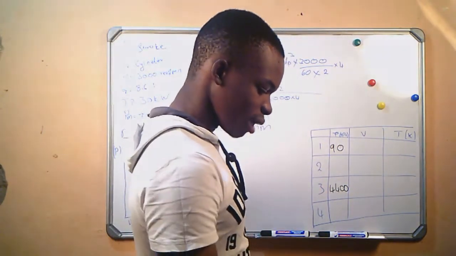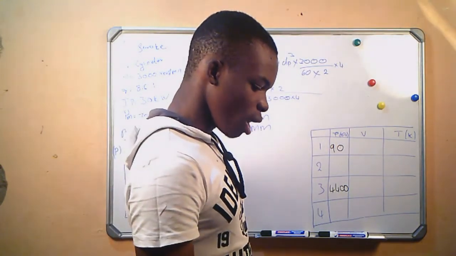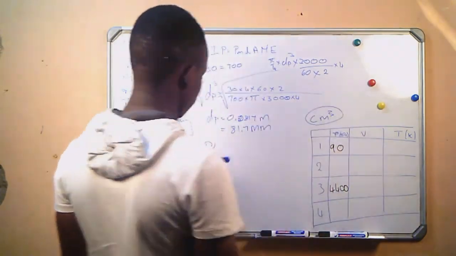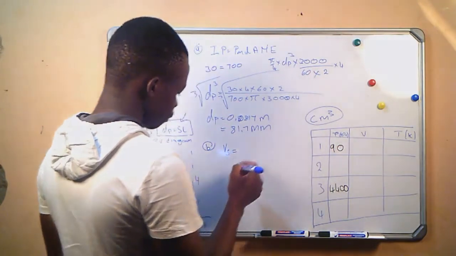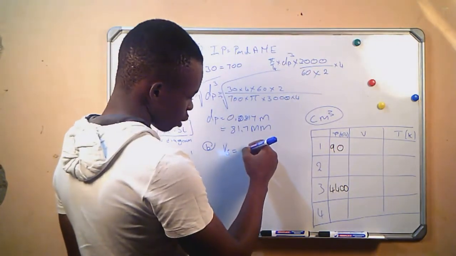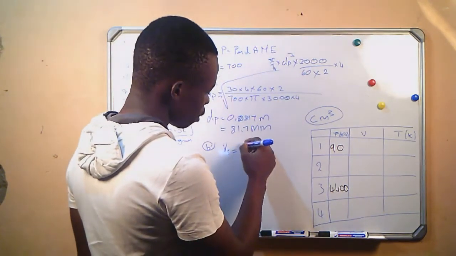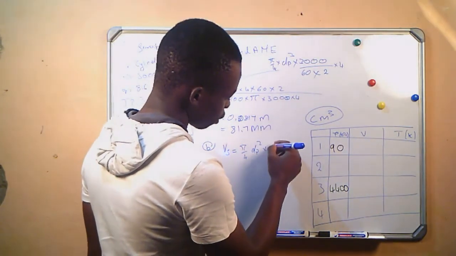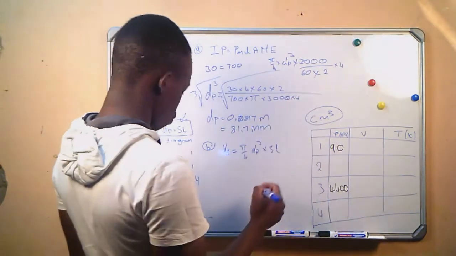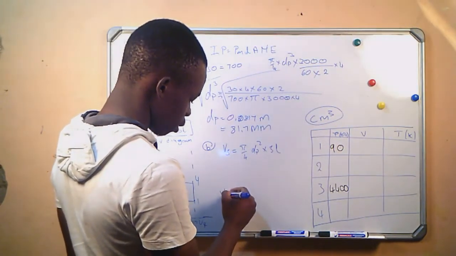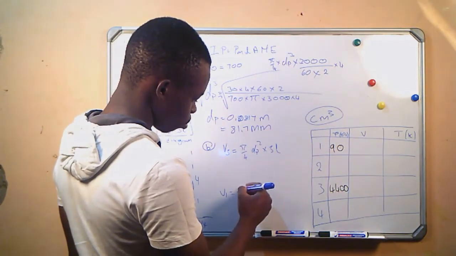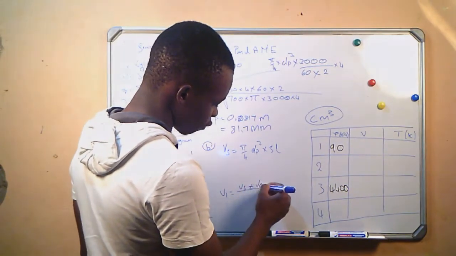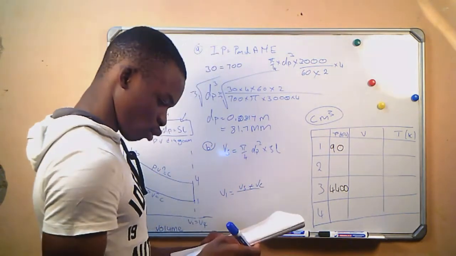They say calculate the volumes in cubic centimeters at all the main points in the cycle. We must calculate in cubic centimeters. We'll start by calculating the swept volume, which is equal to pi divided by 4 dp squared times stroke length. We know that the ratio is equal to the swept volume plus clearance volume divided by the clearance volume.